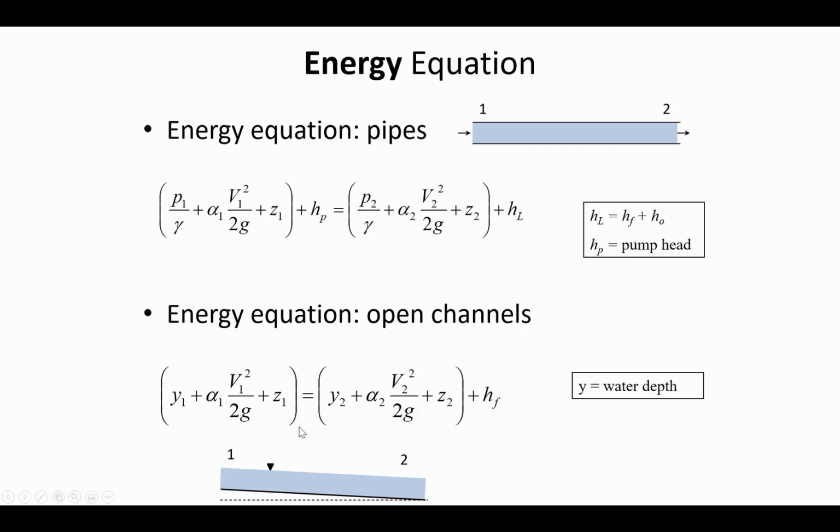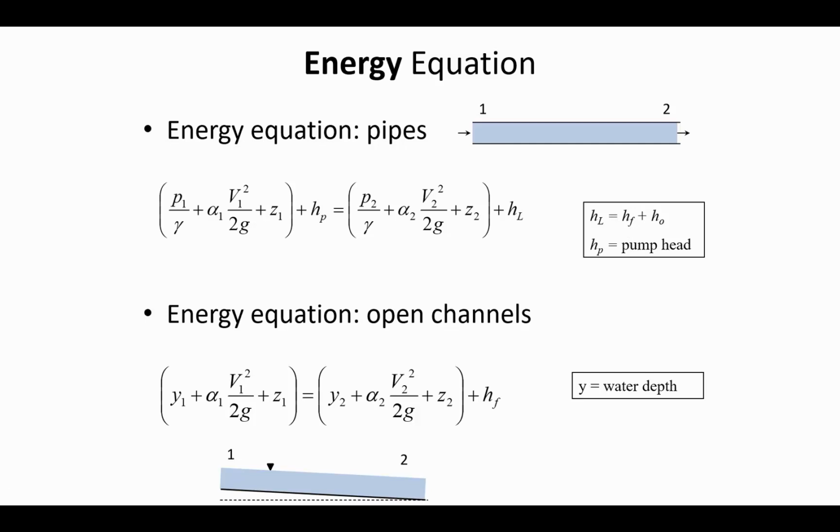So there are some subtle differences, and another is that there aren't any pumps in open channels. There may be devices that physically lift water, but if you've got open channels, by definition it's open to the atmosphere, you can't have a pump because pumps add pressure. The head loss term that we were using in closed conduit flow had local losses and pipe friction.